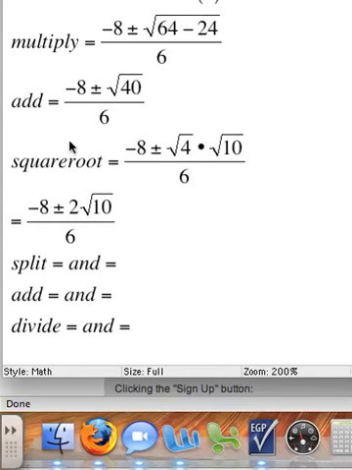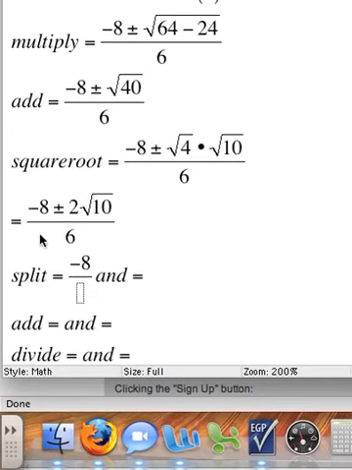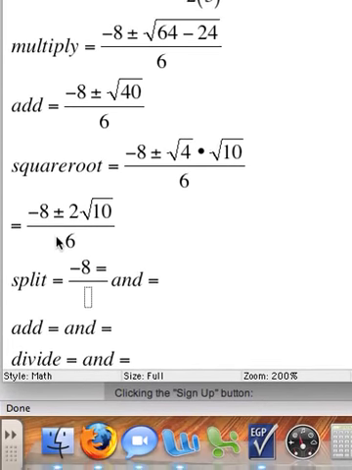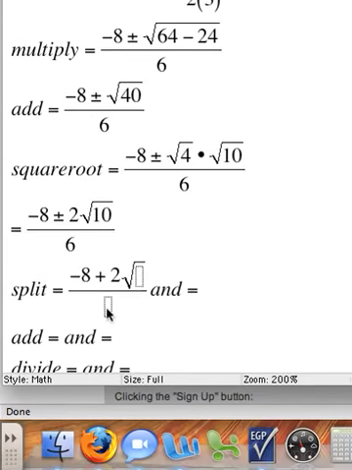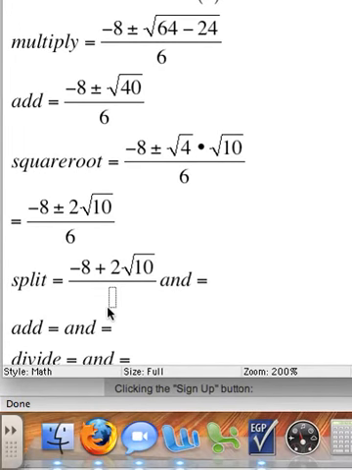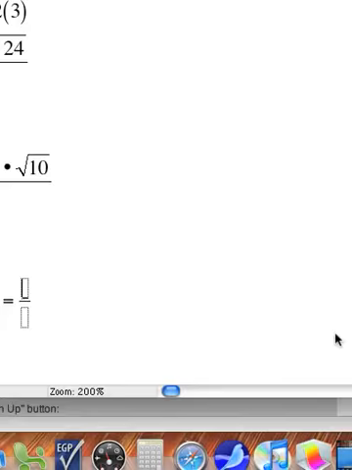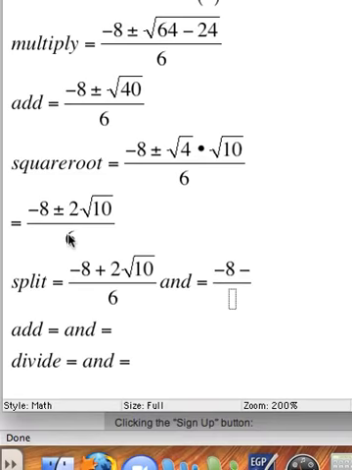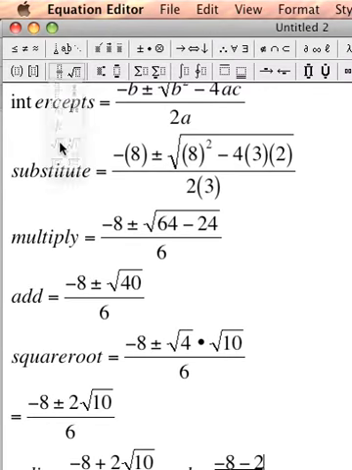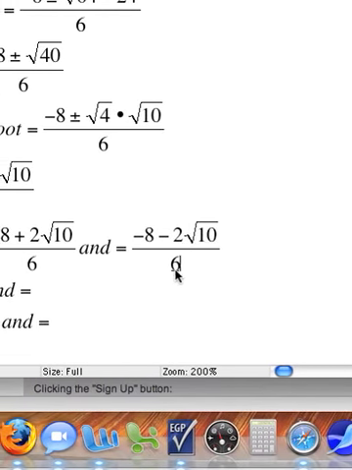But just for the sake of writing it out, I think it's a good idea. So let's go ahead and write negative 8 plus 2 times the square root of 10 divided by 6, and create my fraction again, scroll this down a little bit more, negative 8 minus 2 times the square root of 10 divided by 6.